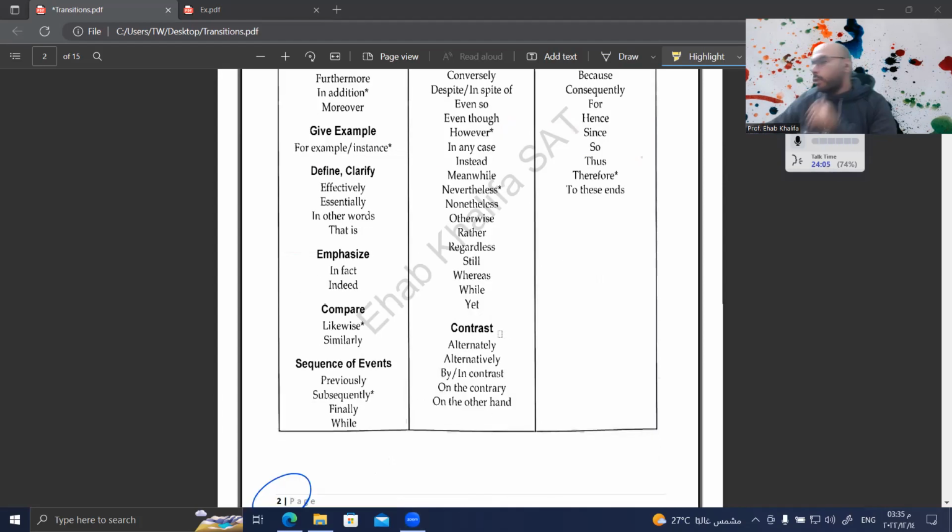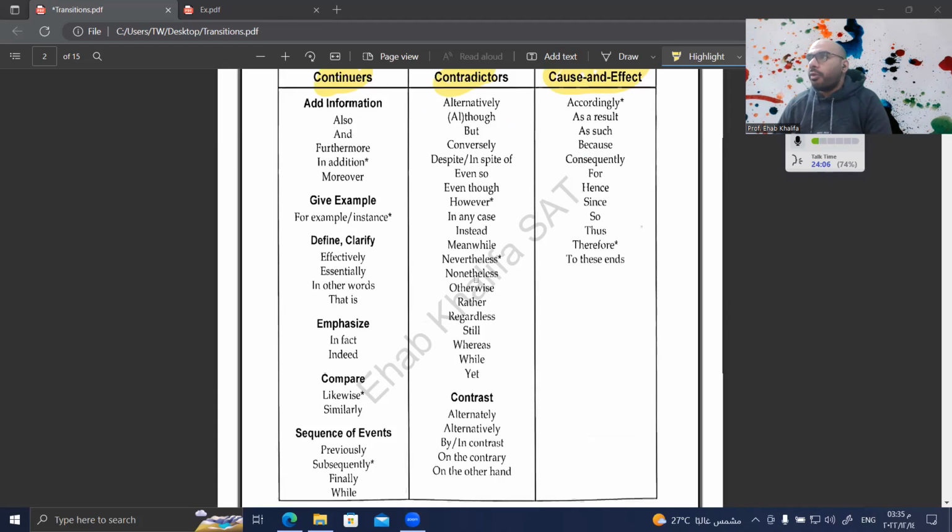And the contrast? Alternatively, by, in contrast, on the contrary, on the other hand. More than perfect.